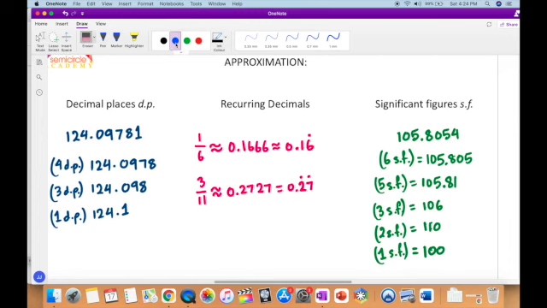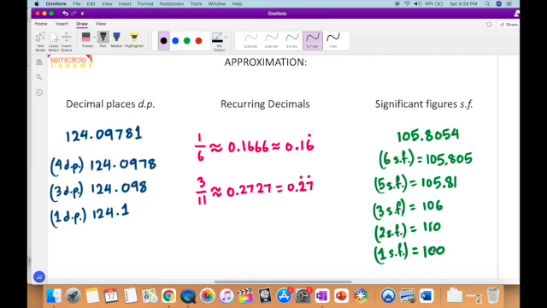And then if I want the same number to 1 significant figure, I look at this number here. That's just 1, right? And I'll look at the other one. Well, this one here isn't 5 or greater, so I don't have to round it up. So I end up getting 1, 0, 0.